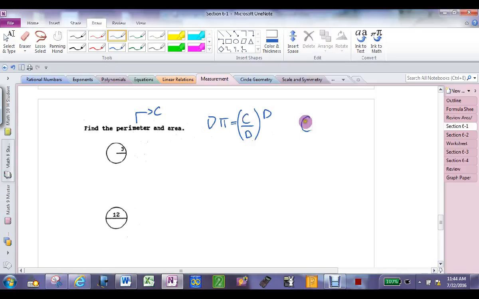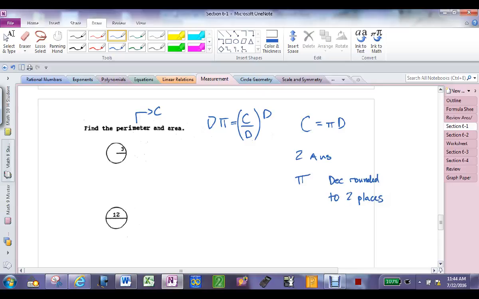So C, circumference, equals pi D. And remember, here is where I want you to do your answers twice. You're going to give me an answer with pi in it, and I want two answers. I want the answer with pi, and then I want the decimal answer rounded to 2 places.